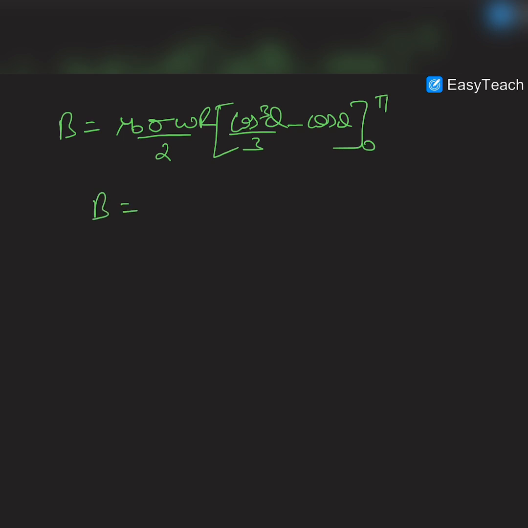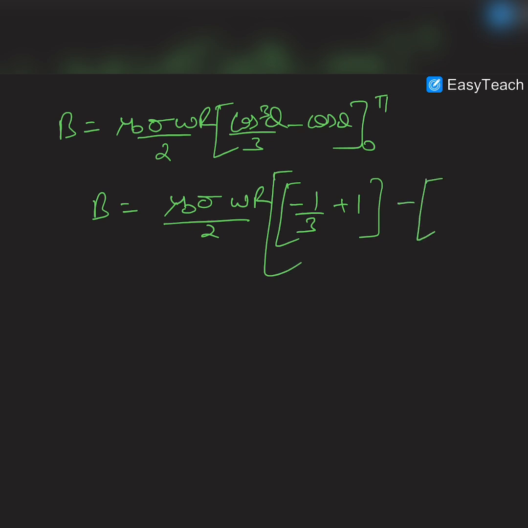If we substitute the value pi in this equation, you can see that it would be minus 1 by 3 plus 1, as well as if we substitute the value 0, then it would be 1 by 3 minus 1.